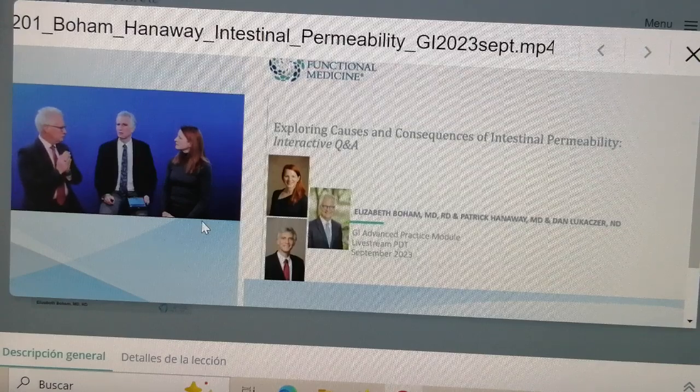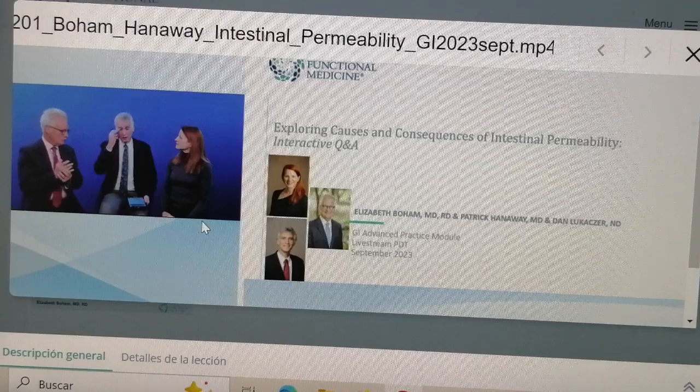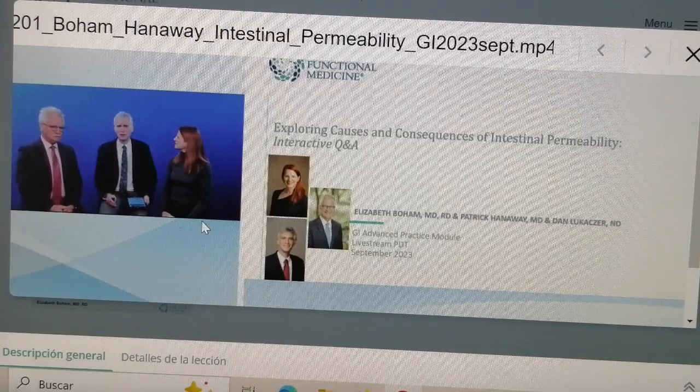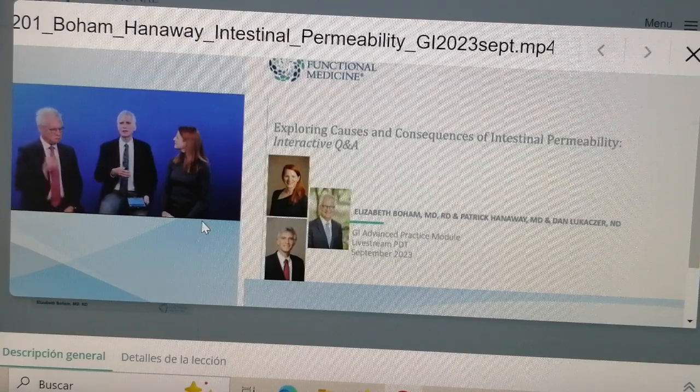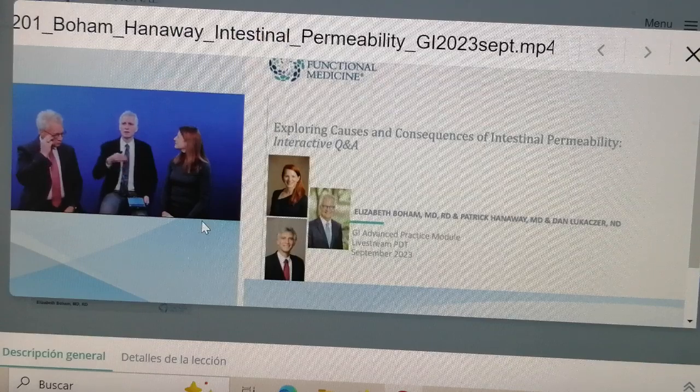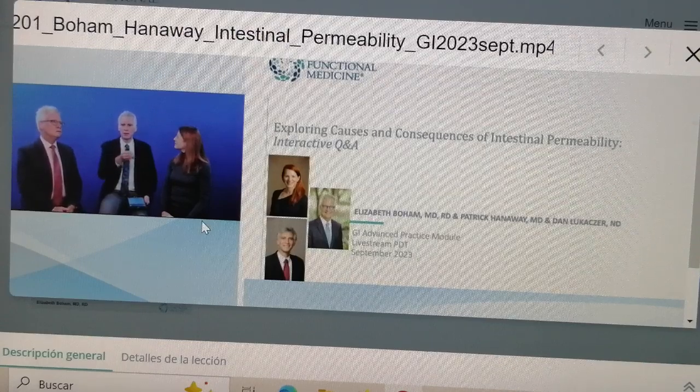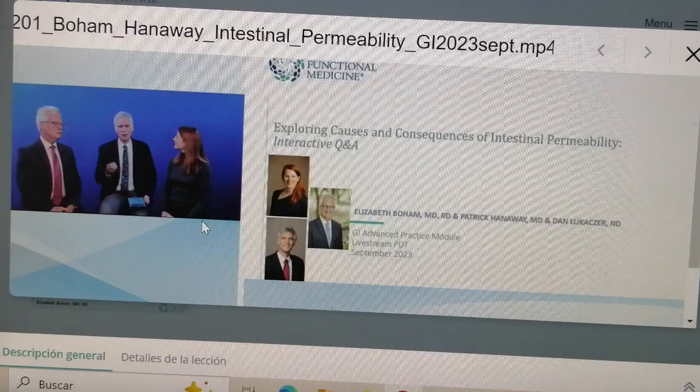Okay. And so then, Liz, you had a really interesting poll about what people associate with intestinal permeability. And one of the things that came up large, for a number of people, was long COVID.